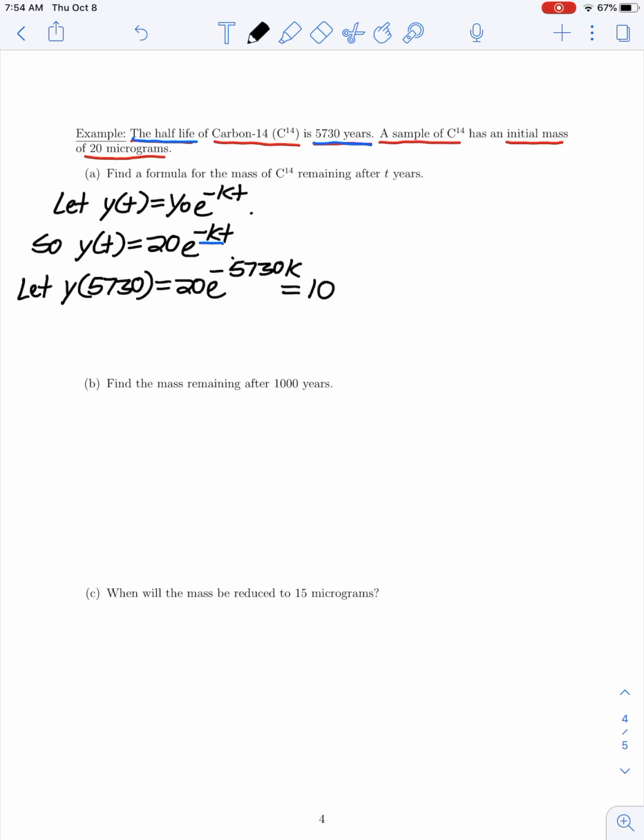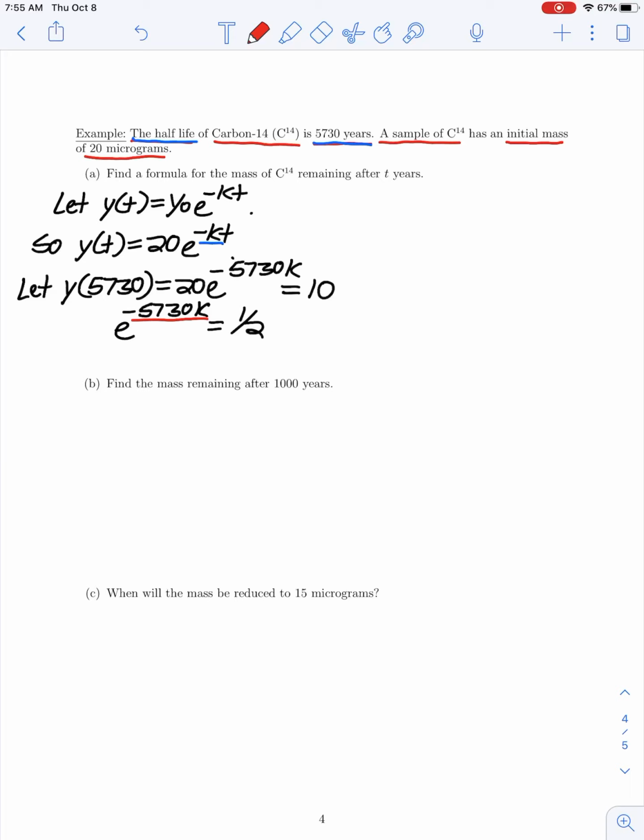So we can now solve this equation for k. If I divide both sides of my equation by 20, I would have e to the negative 5730k is equal to 10 over 20, or 1/2. And in order to eliminate, well, there's a few ways I could solve here. My personal preference would be to try to eliminate the negative in this exponential.